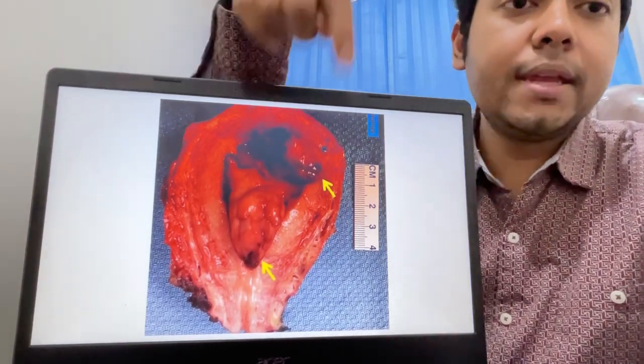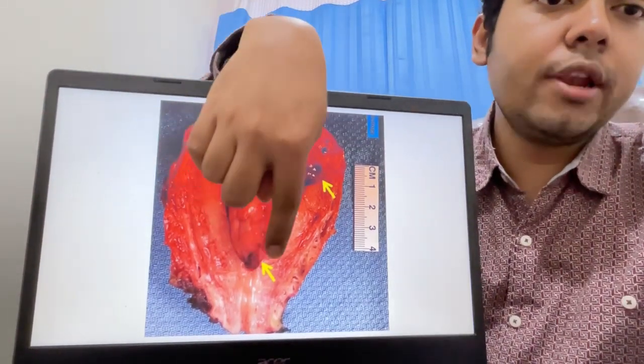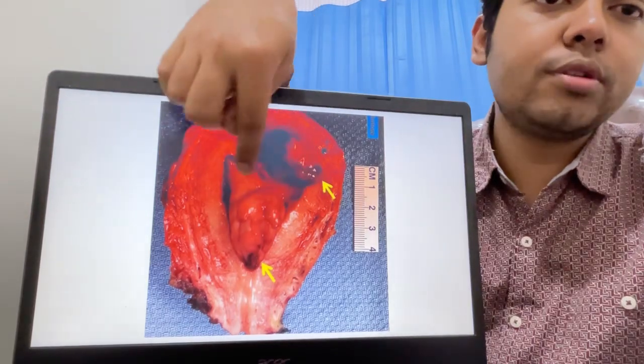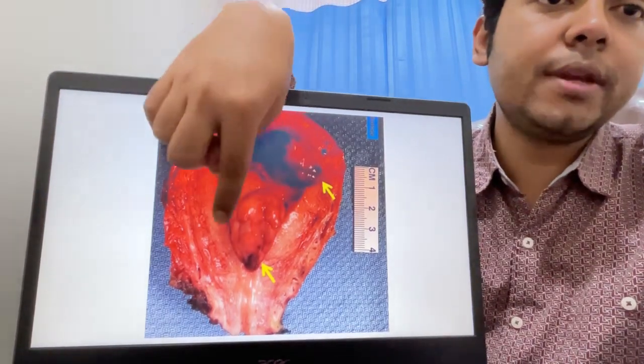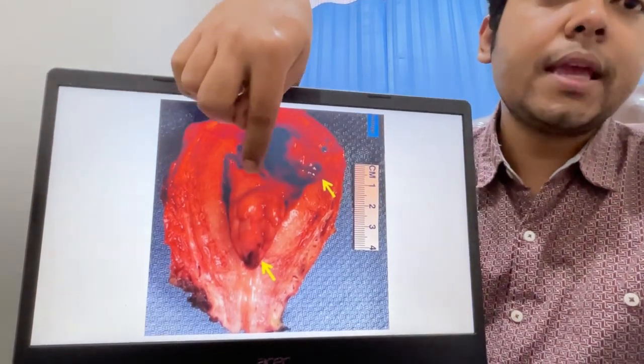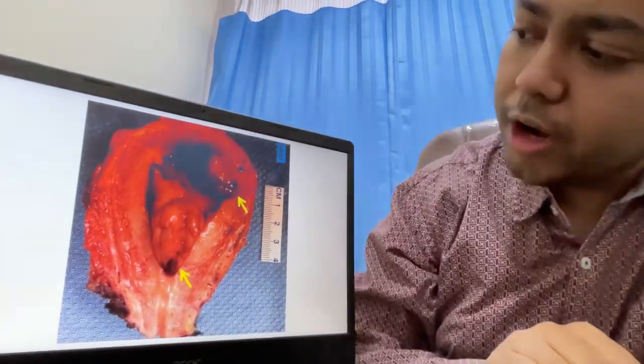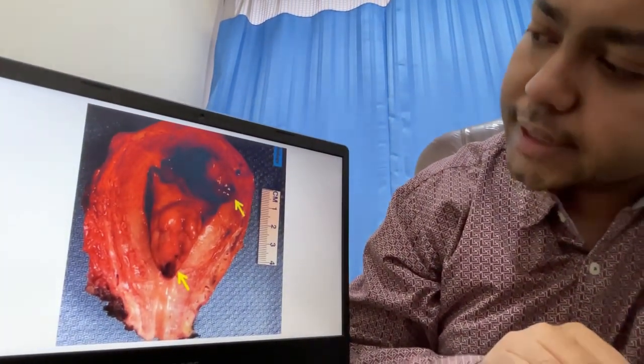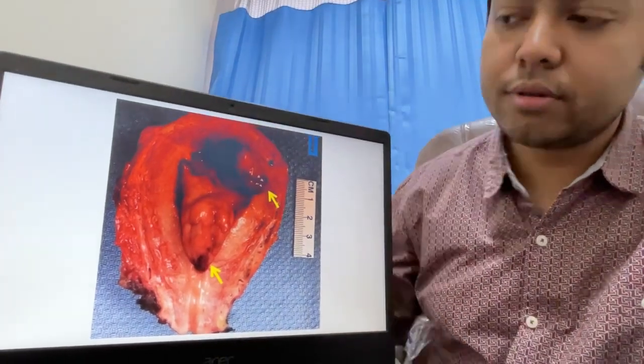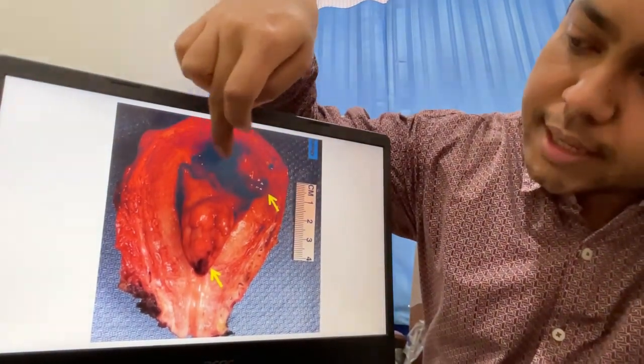Then this specimen consists of a polypoidal growth-like mass in the endometrial cavity. This is a polypoidal mass, and it has necrotic areas also at the top.